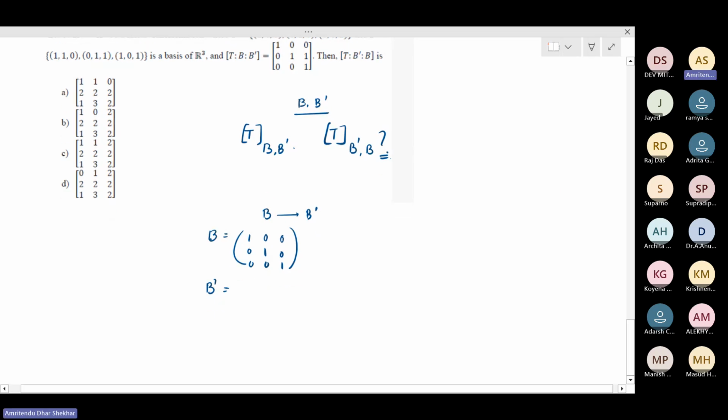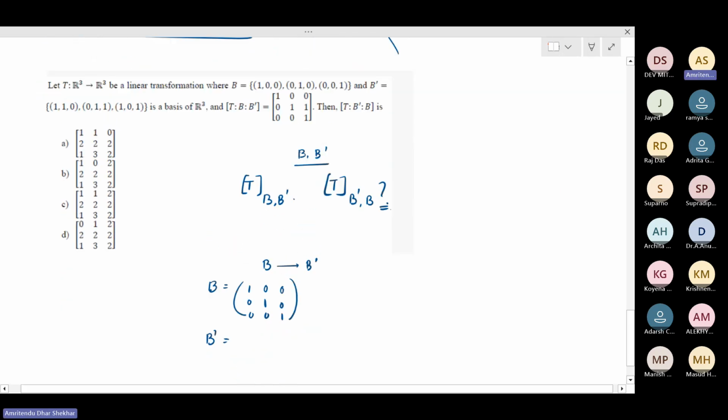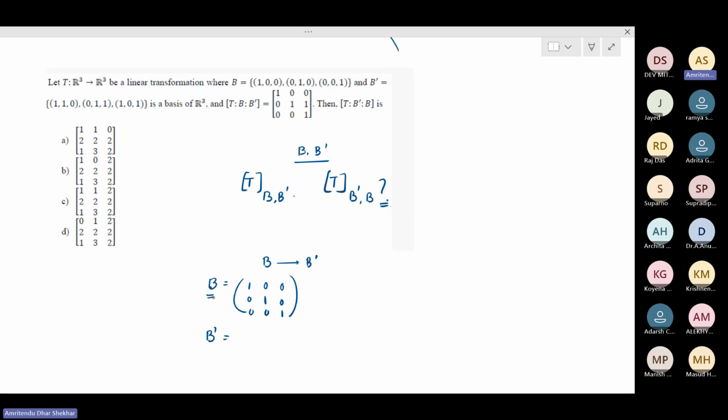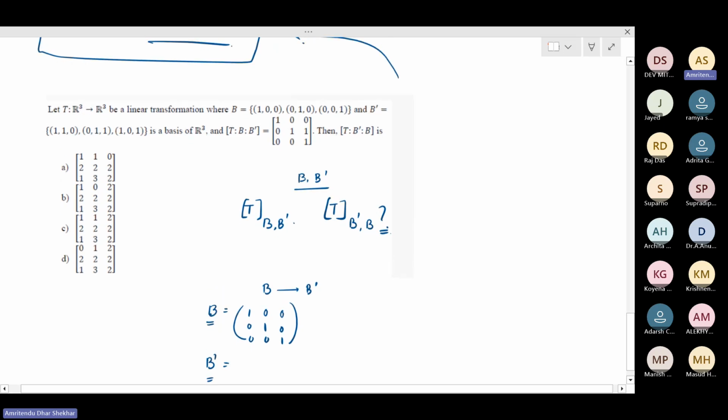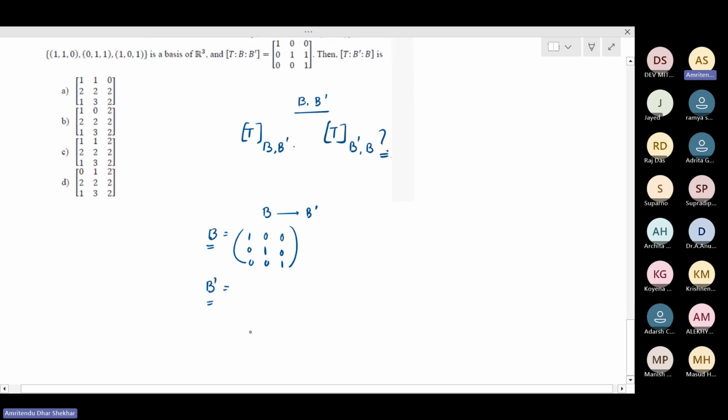Right? So I'm just abusing notation a little bit over here. I'm indicating the basis and the matrix corresponding to it using the same notation. So B1 prime is equal to 1 1 0 0 1 1 and 1 0 1.